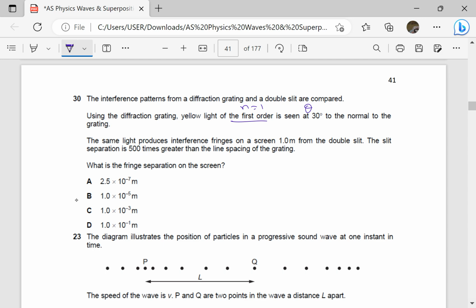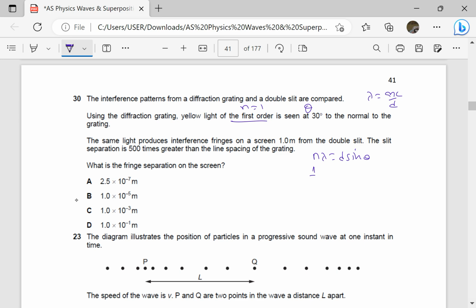So for the diffraction grating, we know that n lambda is equal to d sine theta. For a double slit, we have that lambda is equal to ax divided by D. Using the diffraction grating, yellow light of the first order, so n is equal to 1, is seen at 30 degrees to the normal to the grating, so theta is 30.